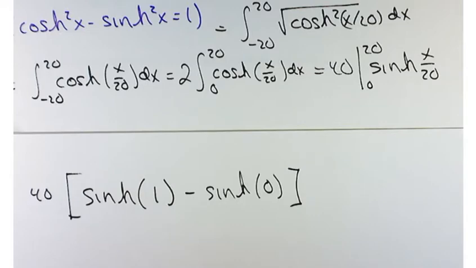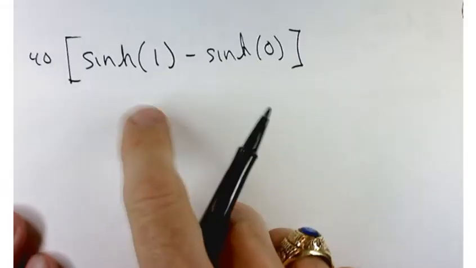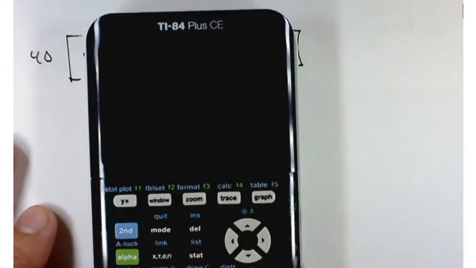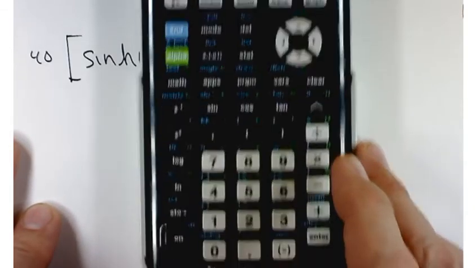I don't expect you to remember all these things and be able to calculate them. I do expect that you can find them off your calculator. So let's refresh ourselves on how to find the hyperbolic sine. Does anyone remember where it's at? Catalog menu.